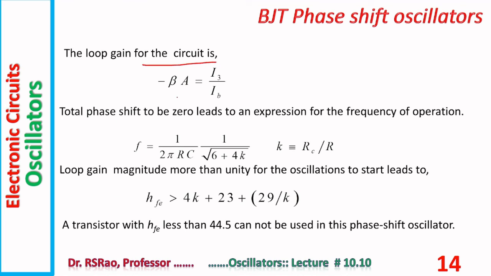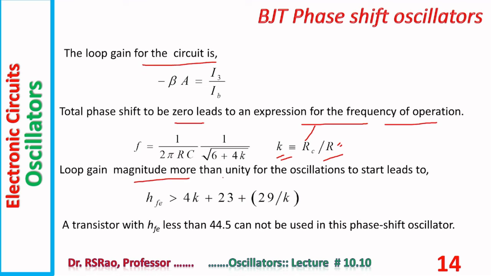The loop gain for the circuit is minus beta A is equal to I3 by IP. Total phase shift to be 0 leads to an expression for frequency of operation as 1 by 2 pi RC multiplied by square root of 6 plus 4K. Here K is RC by R. RC is collector resistance and R is ladder circuit resistance.